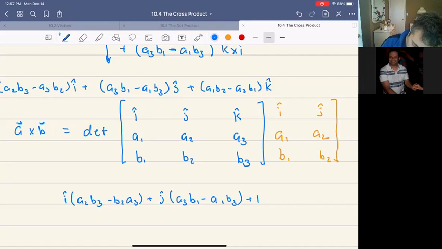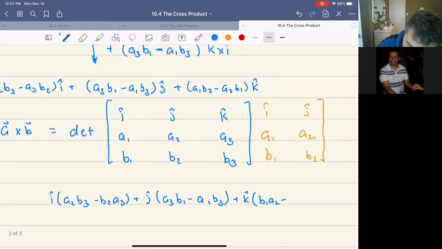Okay. Plus k is going to be B1, A2 minus, actually, let me write that, sorry. I'll explain to you why in a second. A2, B1 minus A1, B2.